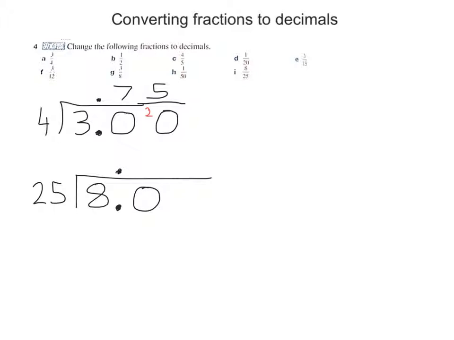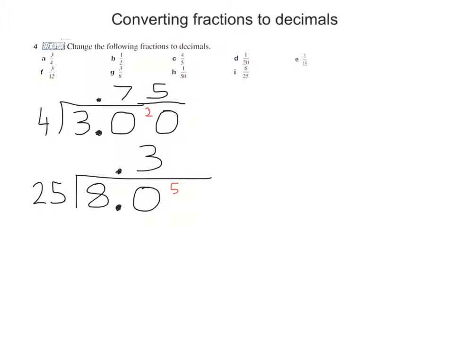Another 25 takes us up to 75. So that's the closest we can get to 80 without going over. So 25 goes into 80 3 times. And there is a remainder of 5 because 80 minus 75 is 5.